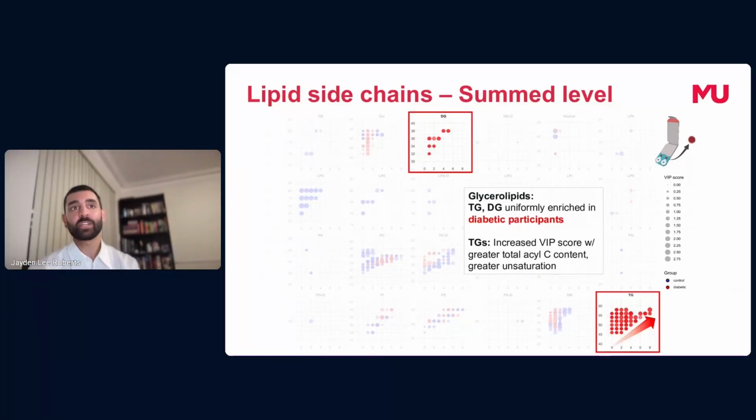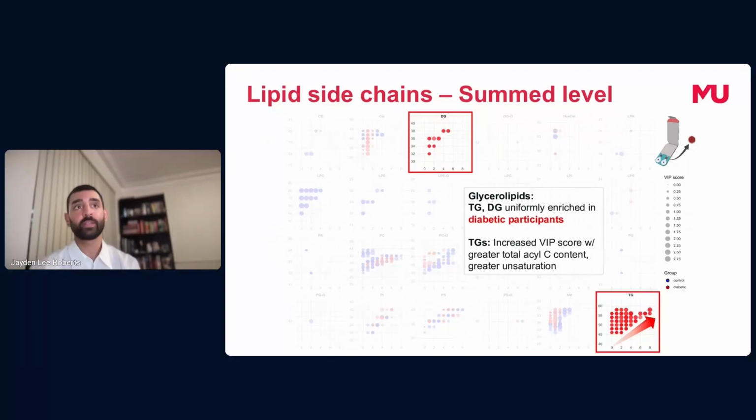Importantly, this is consistent with diabetes pathology and previous plasma lipidomics research, which has also similarly seen net LPC reductions in type 2 diabetes. And also the presence of more polyunsaturated triacylglycerols in the diabetic group is shown with an increasing trend in VIP score. As you can see, greater total carbon content and greater degree of unsaturation having larger circles.